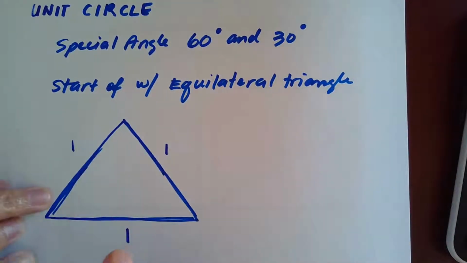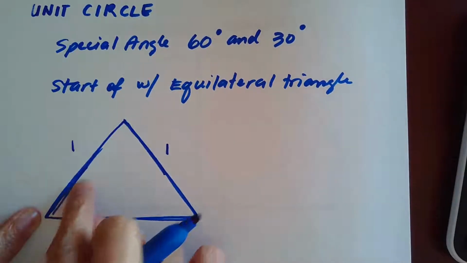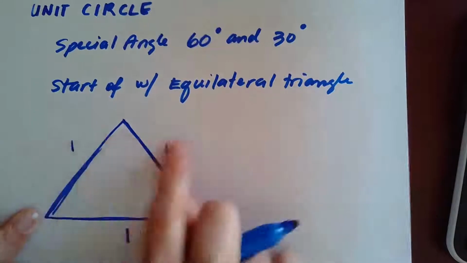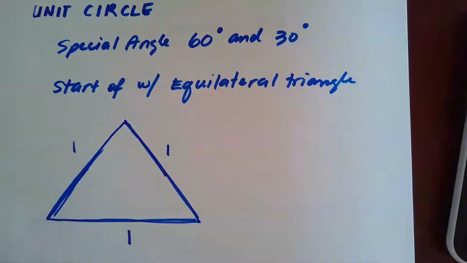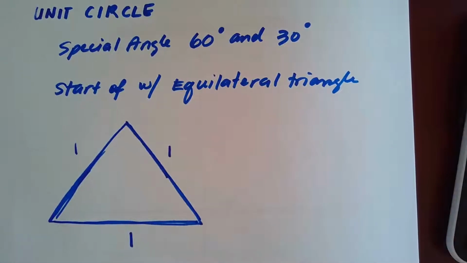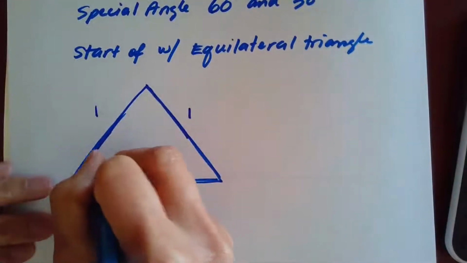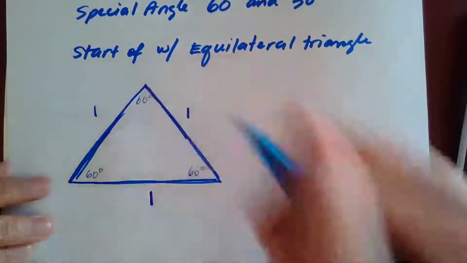All three equal sides. Another special thing about the equilateral triangle, besides the fact that they have three equal sides, is that they also have three equal angles. So three equal angles there would be 60 degrees, 60 degrees here, 60 degrees there.